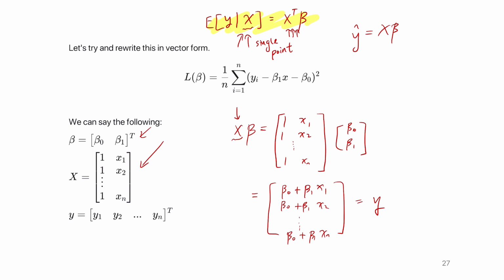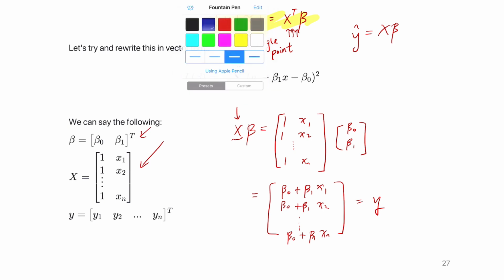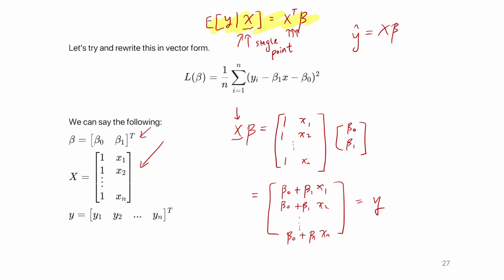And so back to this idea here, the loss function we're using, again, is the mean squared error, right? Mean L2 loss. And notice, when we look at y minus x beta, that just gives us y1 minus beta naught minus beta 1 x1, and so on and so forth.